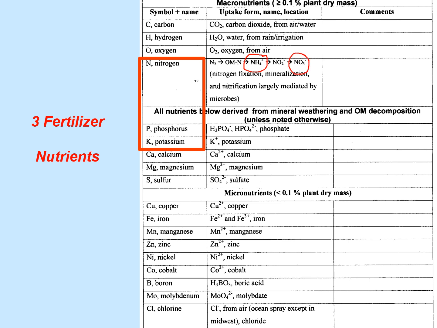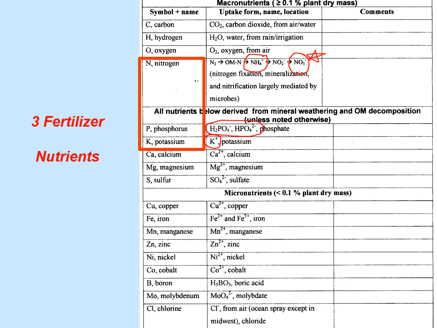And by far, the form of nitrogen that's most common and that plants are going to take up in greatest quantities is the anionic form, or nitrate. If we look at phosphorus, phosphorus exists as phosphate. It's also an anion, and it exists in one of these 2 forms, and they're both called phosphate. And then finally, potassium exists as a cation, and plants take it up as such, and it's just K+.